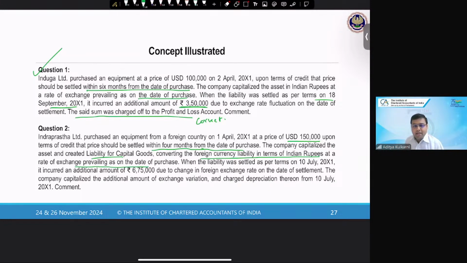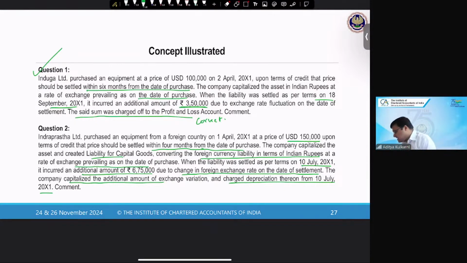When the liability was settled as per terms on 10th July, it incurred an additional amount of 6,75,000 rupees due to change in foreign exchange rate on the date of settlement. The company capitalized the additional amount of exchange variation and charged depreciation thereon from 10th July 20x1.